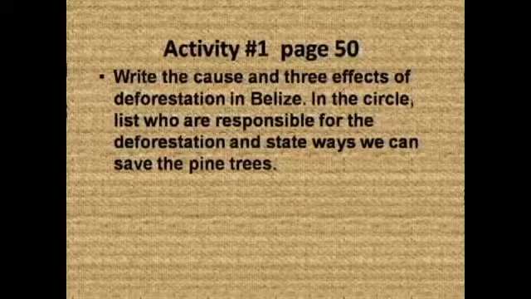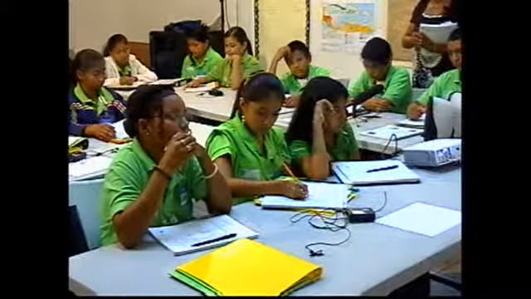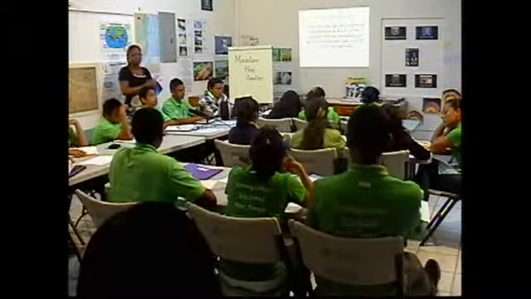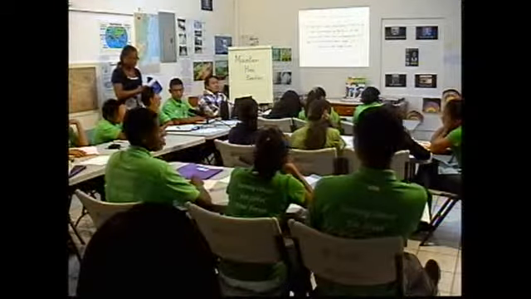You all will have a time to share what you have on your paper. So each group will have someone who will need to respond to the question that I'm giving you right now. So let's start. Who is responsible for deforestation? Which group would like to go first? Yes, go Orange. We the human race. We the human race, okay.